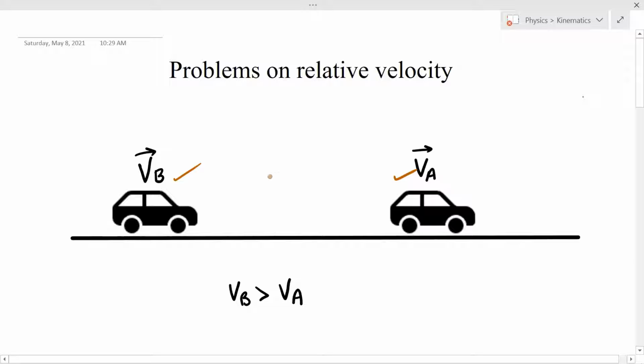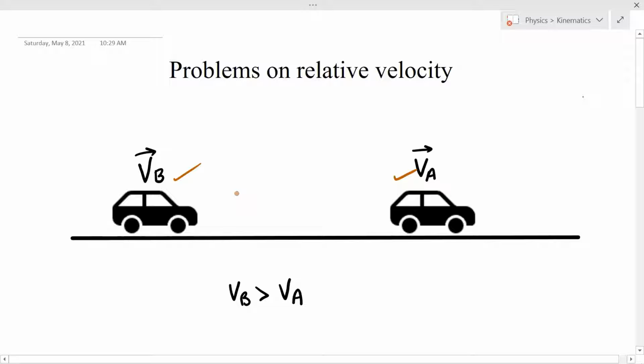So in meeting point problems, we usually have to calculate that instant of time when car B will catch car A. And we also have to calculate the distance traveled by car B in the process to reach or meet car A.